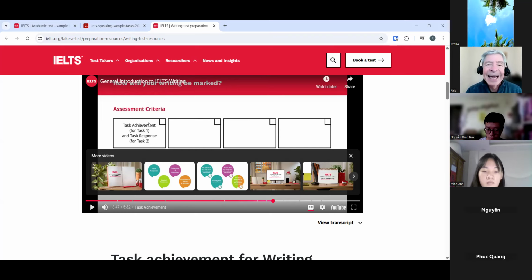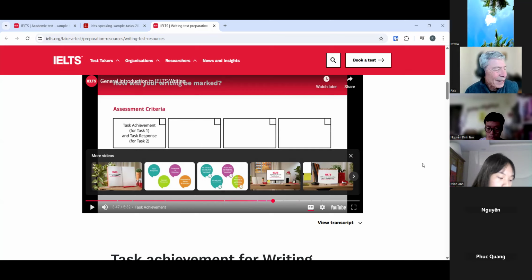The first thing that they will assess your writing on, and by the way, if the total score you could get is 100%, and there are 4 different categories that you get marked on, how many percent is each category worth? Can you tell me?